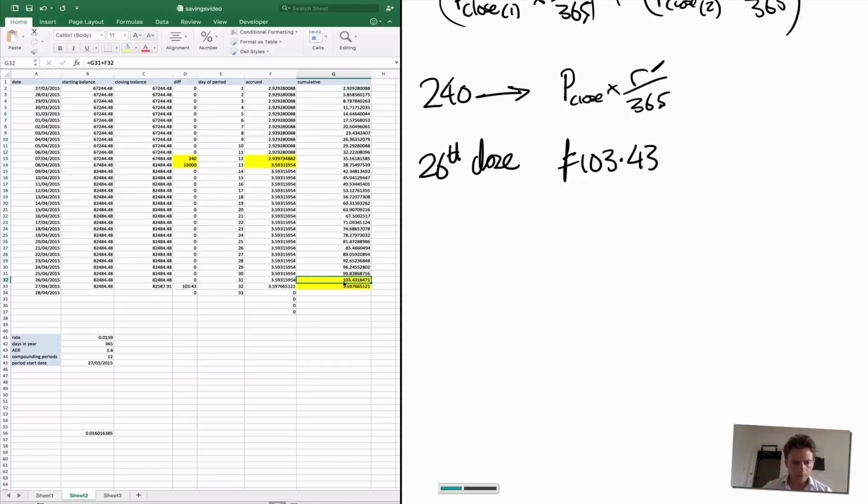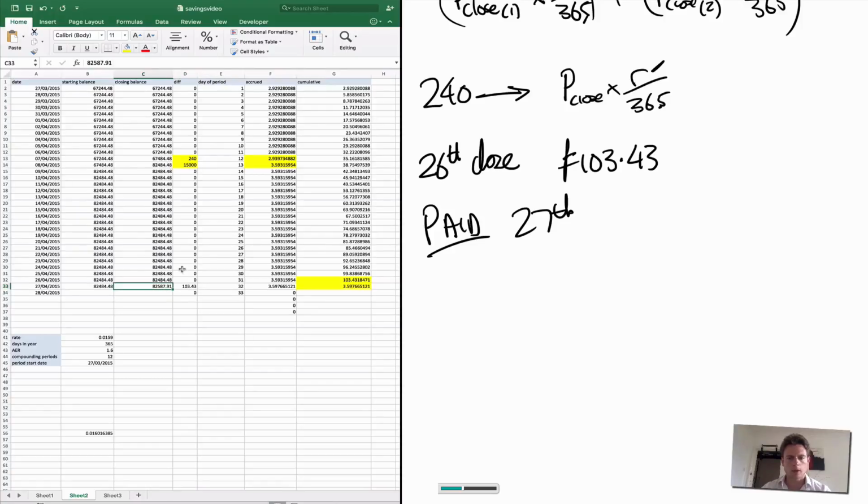Now, this is really important. That is the amount that we've accumulated so far, but it's paid on the 27th. So we don't get that money until the 27th, and the way it's done is it's added to the end balance down here.